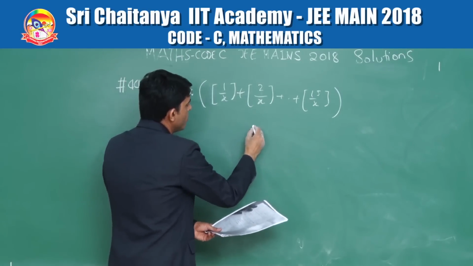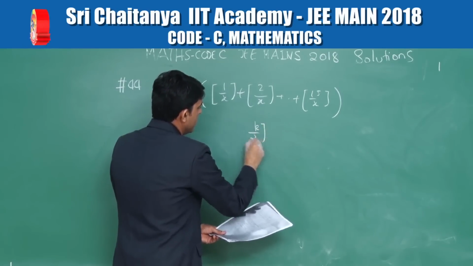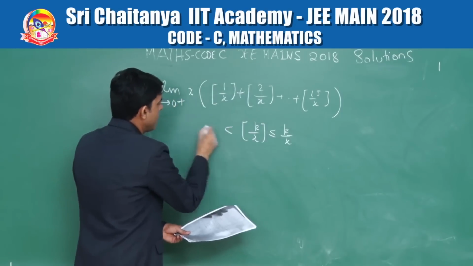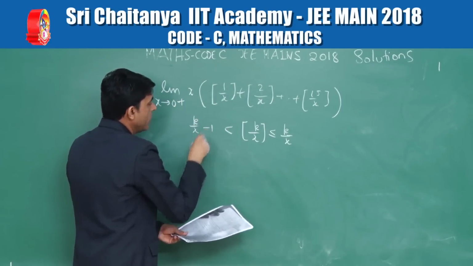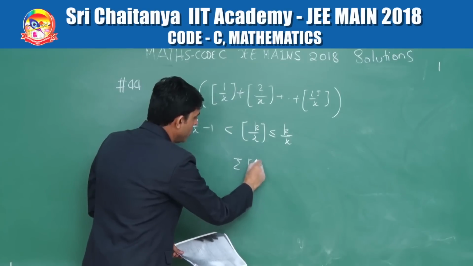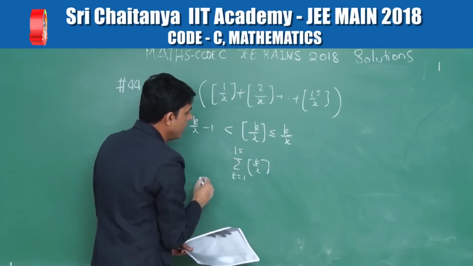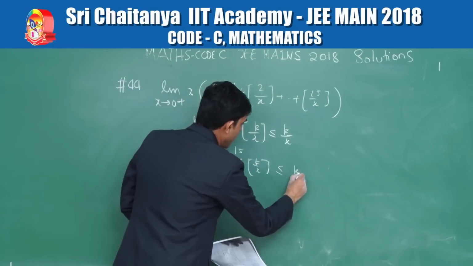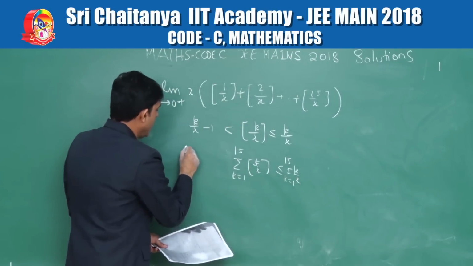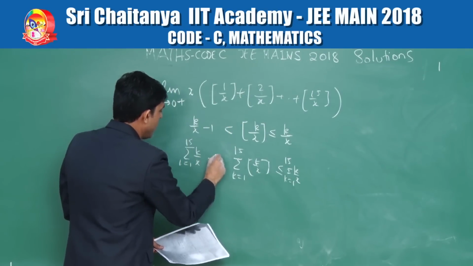So we use k over x. The integer part of k over x is less than or equal to k over x, and the left side is k over x minus 1. Let's sum it all from k equals 1 to k equals 15. That gives you sigma k over x, k equal to 1 to 15, and sigma k over x, k equal to 1 to 15, minus 15.